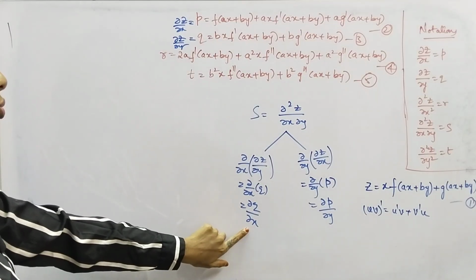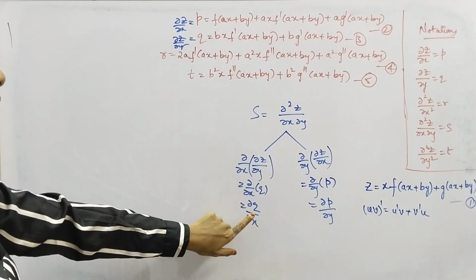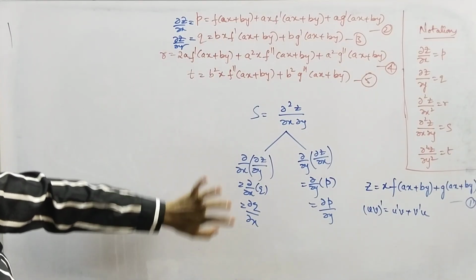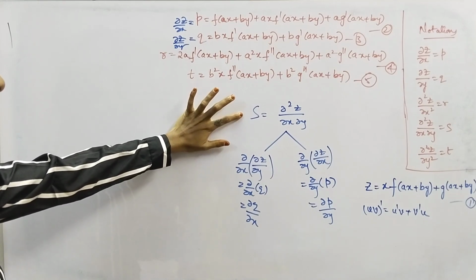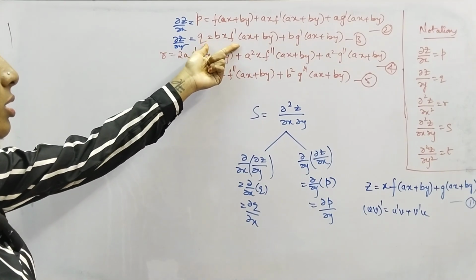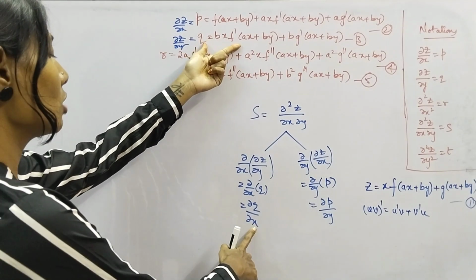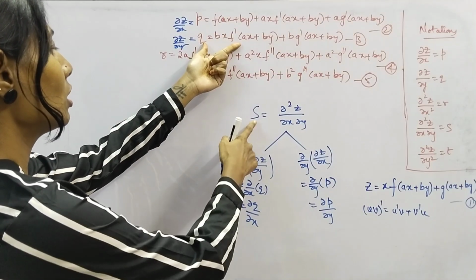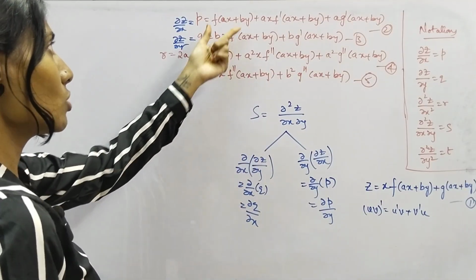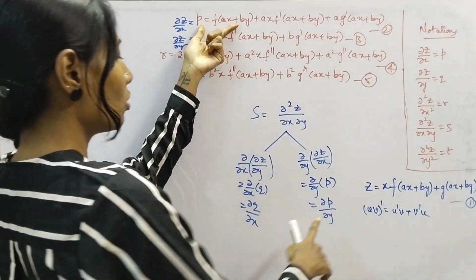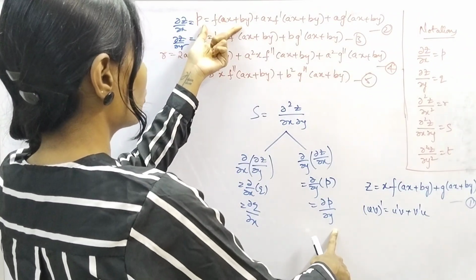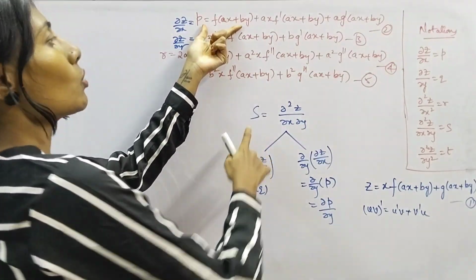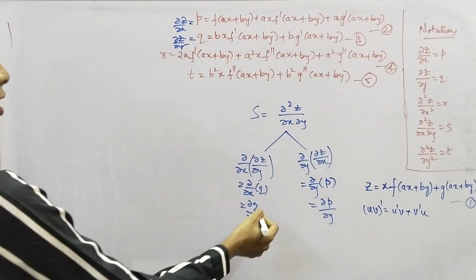If you want to apply the equation involving q to find the equation involving s, just consider the equation involving q and partially differentiate it with respect to x so that you will get the equation involving s. Otherwise, you can use the equation involving p and partially differentiate it with respect to y to get the equation involving s. You can use either this or this.